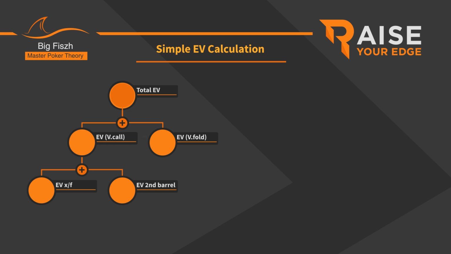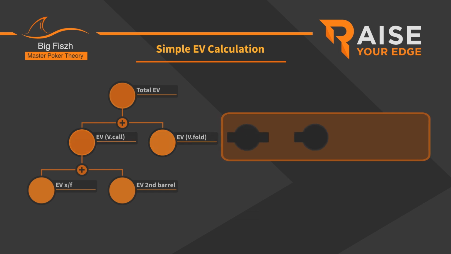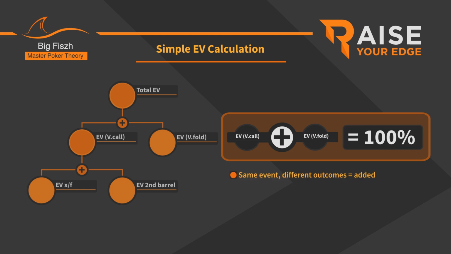Villain will call X% and fold Y%. Now do you remember the first video where we talked about adding probabilities that are just different outcomes of the same event? Here you are. One event, namely Villain's decision, and 2 possible occurrences. So as long as he won't die while tanking, he will eventually do the one or the other, which means both events add up to 100%.